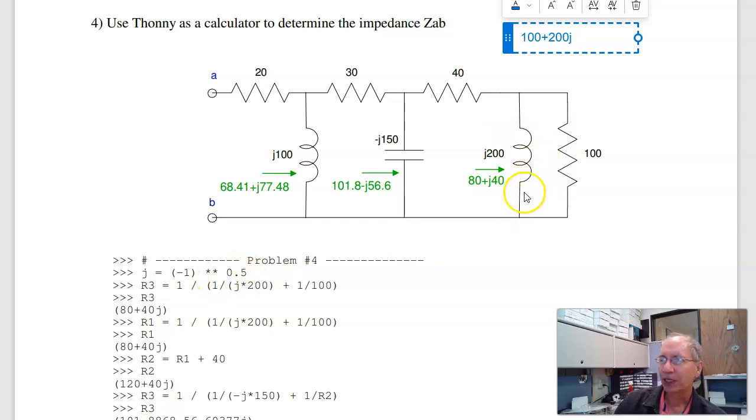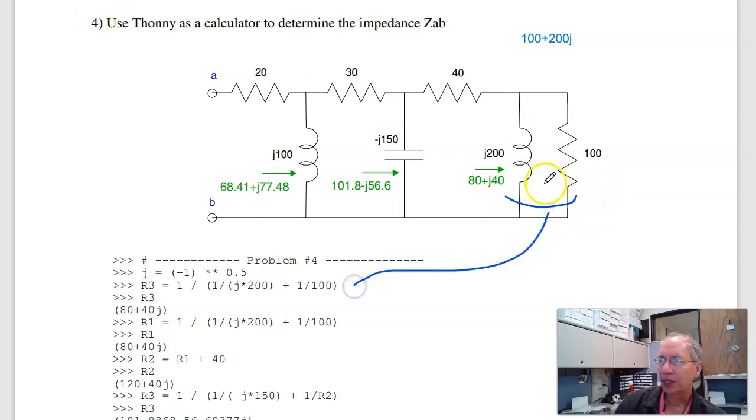So R3, that's this mess, is j200 in parallel with 100. That is 1 over R1 plus 1 over R2, inverse: 80 plus j40 ohms. In series with 40.